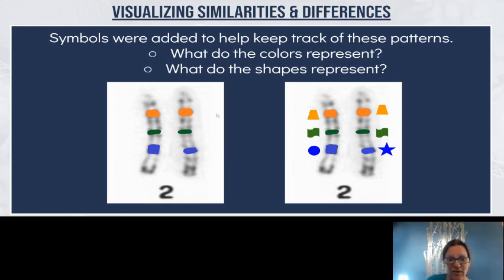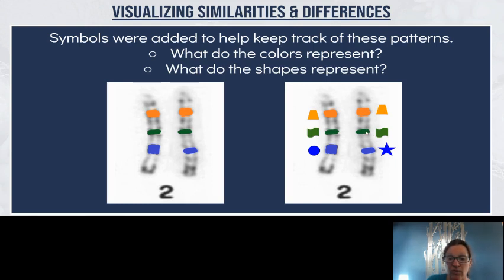So rather than make a judgment call by line thickness, what we're going to do is actually use symbols to represent when the two corresponding bands are the same width. So we're going to use this orange cone shape to represent the orange bands, and it's the same shape because these two bands are the same size.